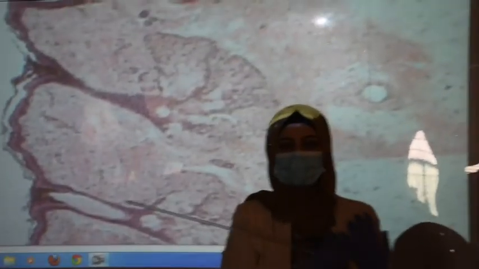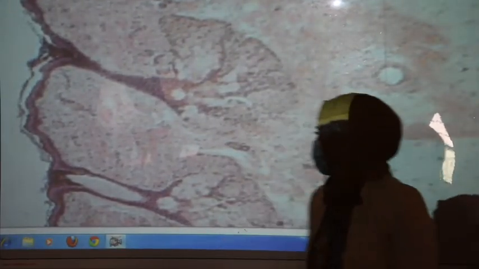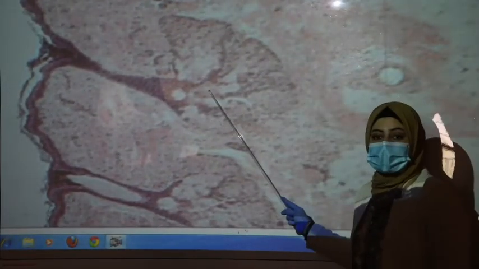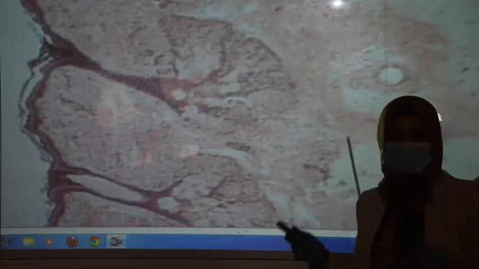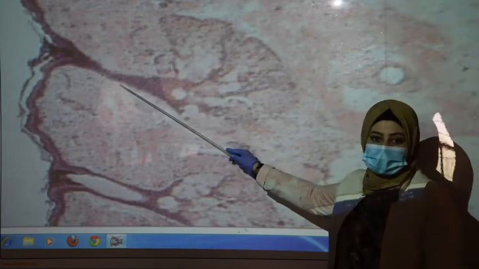We mentioned that sebaceous glands and sweat glands can be seen in the dermis, especially at the reticular layer. These sebaceous glands are always associated with the presence of a hair follicle or hair sheath.